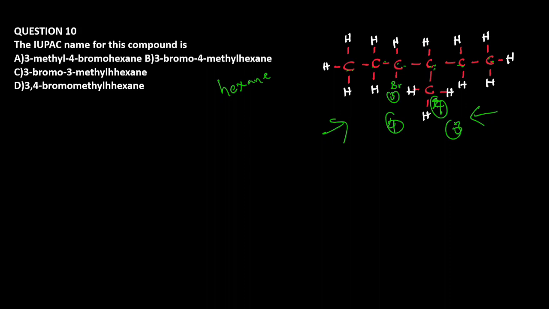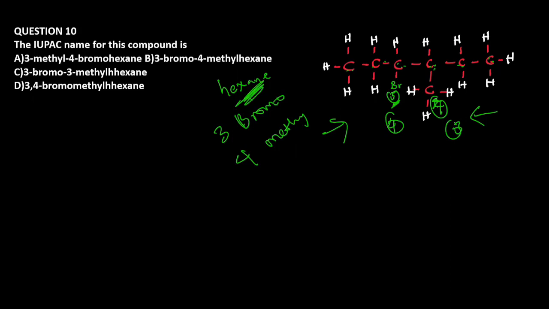We must name in alphabetical order. So because of that, bromo comes before methyl. Therefore, we give more preference to the bromo group here. So instead of 3 methyl, I say 3 bromo. That's the first one, and 4 methyl. This is the parent hydrocarbon.